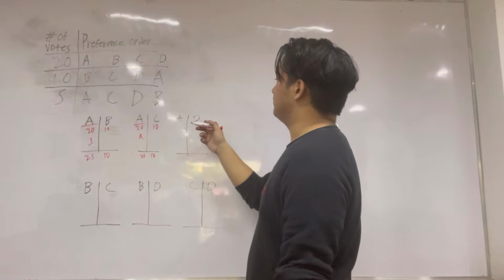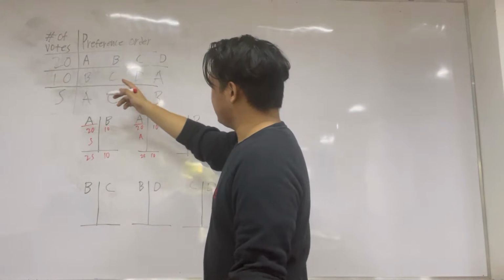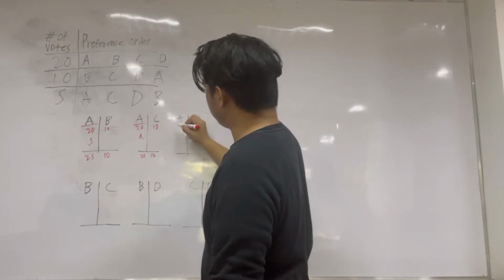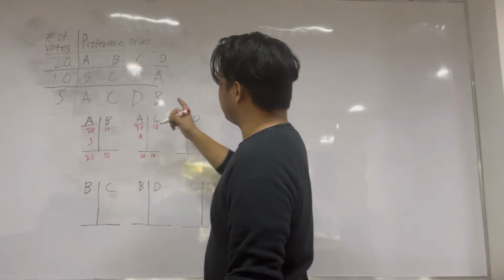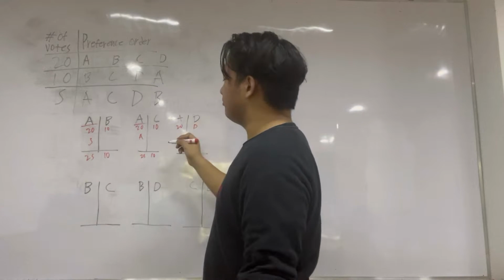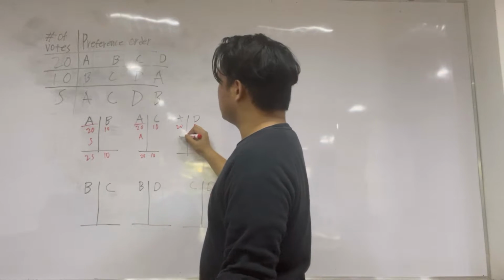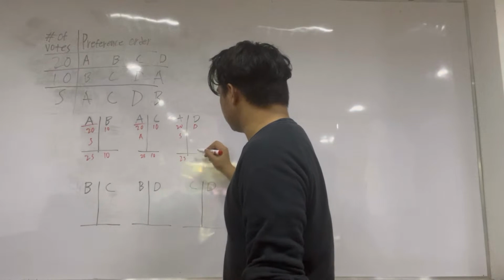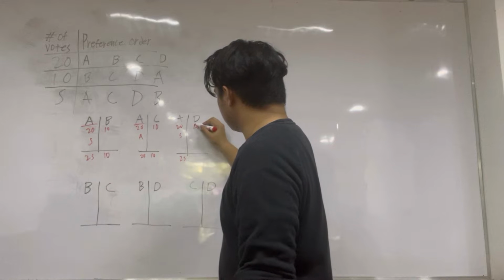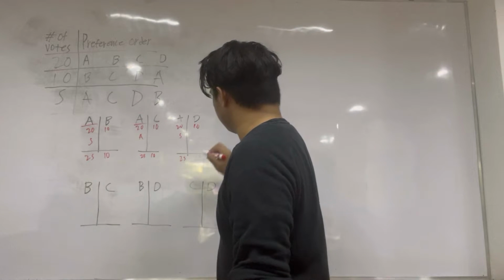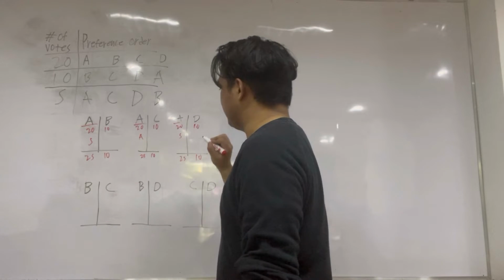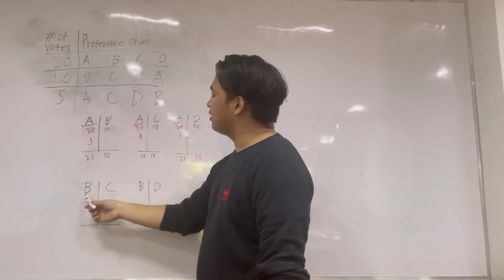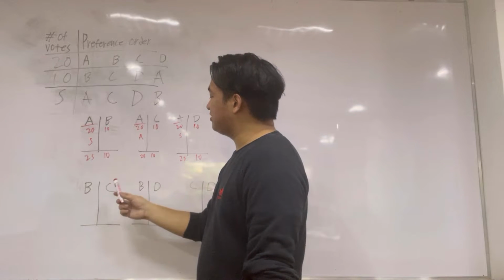Lastly, A versus D. Same case, 20 prefers A, 10 prefers D, but at the end of it, 5 prefers A. It's also the same 25 result over 10. So A wins.